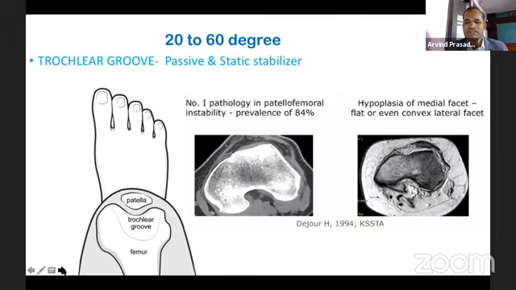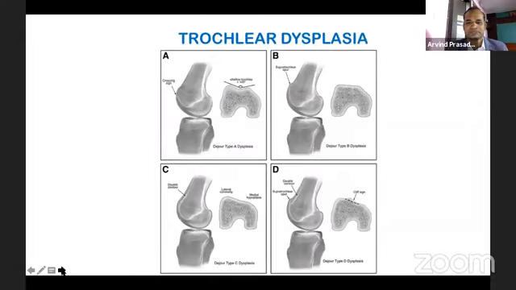And this is not only flattening of the trochlear groove; there may be hypoplasia of the medial facet and hyperplasia of the lateral facet also. This was the classification given by Dejour for trochlear dysplasia. The normal angle between the medial and the lateral facet is 145 degrees.